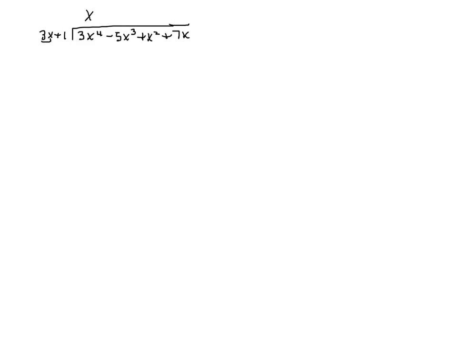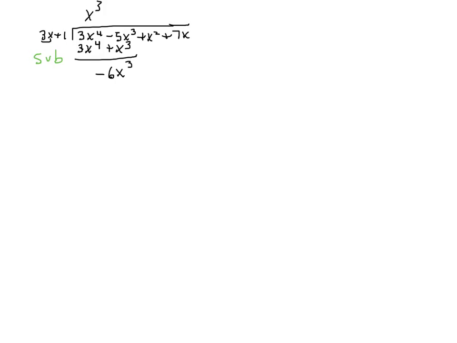So I would put it's x to the 3rd. So I would multiply x to the 3rd times 3x and get 3x to the 4th plus x to the 3rd. Remember that you are always using subtraction when you use long division. So I subtract. 5 subtract 1 is negative 6x to the 3rd.